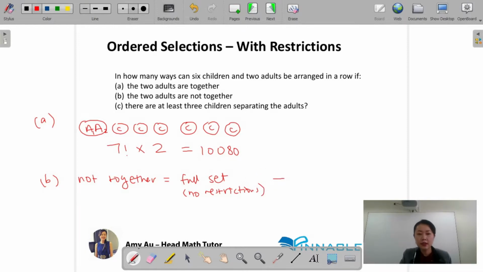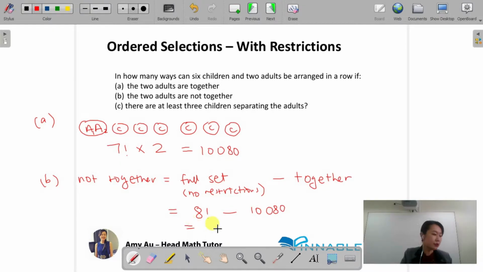Minus when they are together. Okay, so full set is basically arranging 8 people in a row, no restrictions, 8 factorial. And when the two adults are together, it's basically that answer there, so 10080.